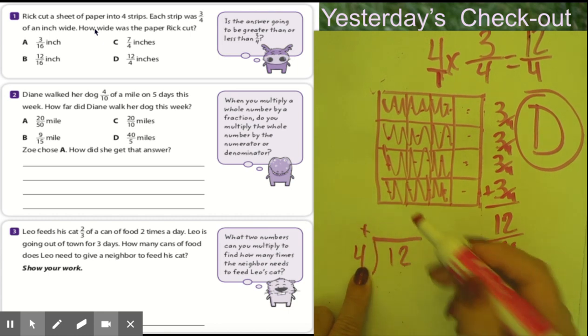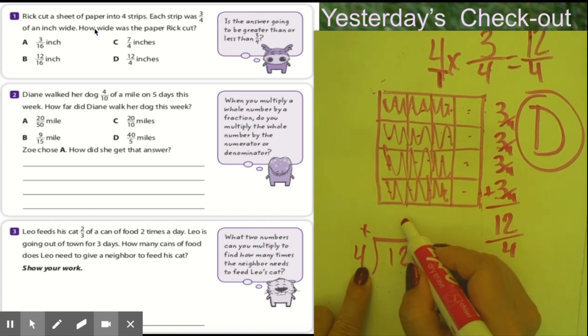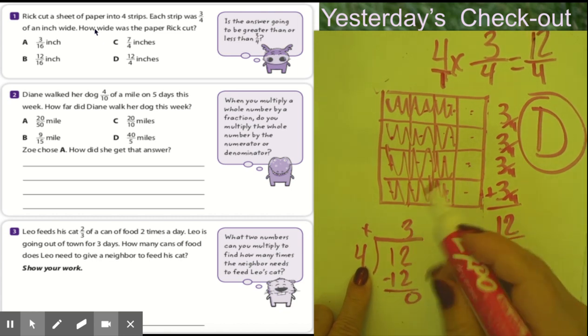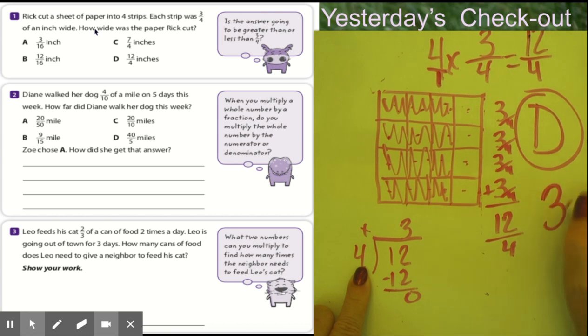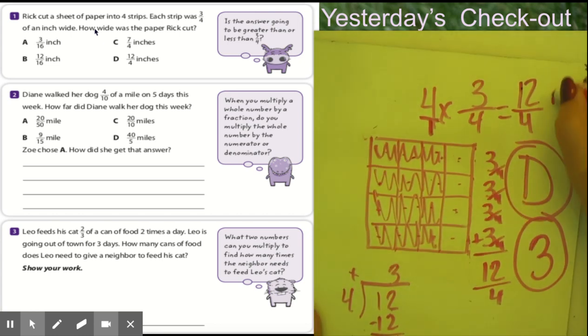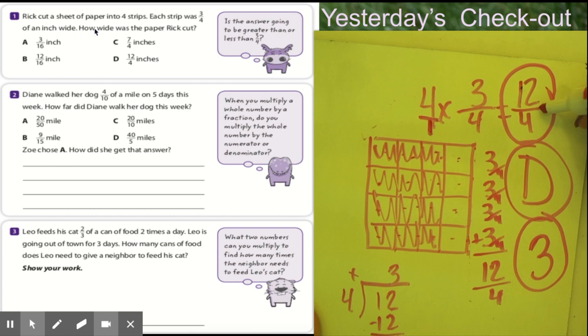He is a 4. So 1 times 4? Nope. 2 times 4? No, but 3 times 4 will give you a perfect 12. So the answer is actually 3. 3 inches wide is how wide the paper was cut, but this is the fraction form.